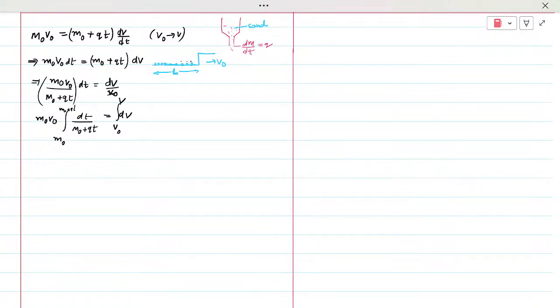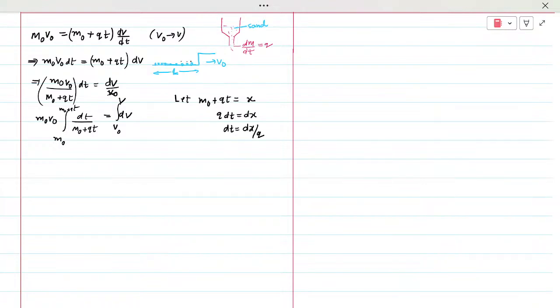Now let m0 plus Qt equal some x. Therefore Q dt is equal to dx, then dt is equal to dx by Q.